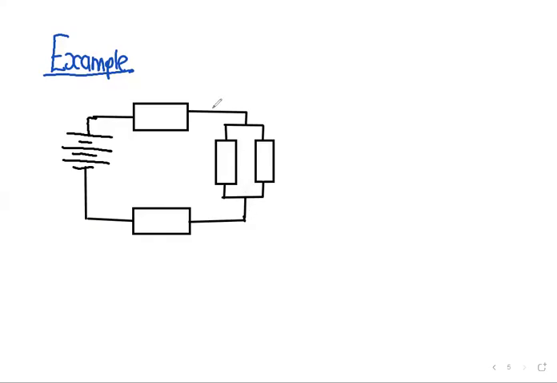So this is gonna be our R1, which is our first resistor, which is 5 ohms. R2 we're having 8 ohms here. And then here we're having R3, which is also 8 ohms.